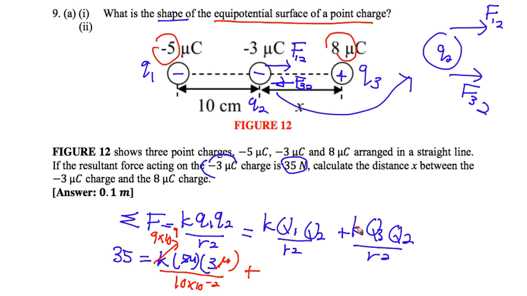Plus k, a constant 9 times 10 to the power 9, times q3, which is 8 microcoulombs, and q2, which is 3 microcoulombs. No need to use a negative sign here to calculate the force, divided by r squared, which is x between q2 and q3, so here it is x squared.